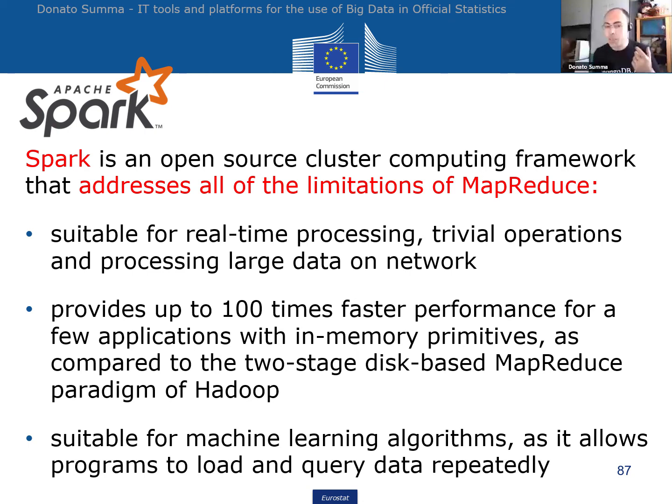Spark provides up to 100 times faster performance for a few applications with in-memory primitives as compared to the two-stage disk-based MapReduce paradigm of Hadoop. And Spark is also suitable for machine learning algorithms as it allows programs to load and query data repeatedly.